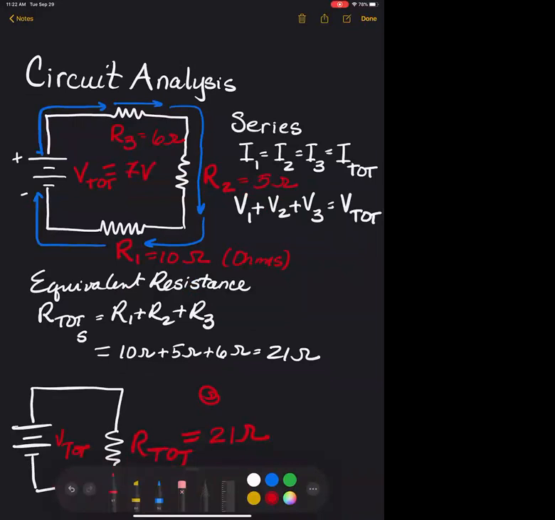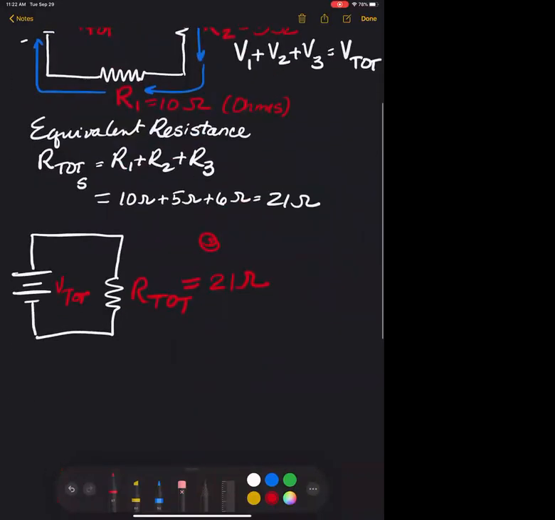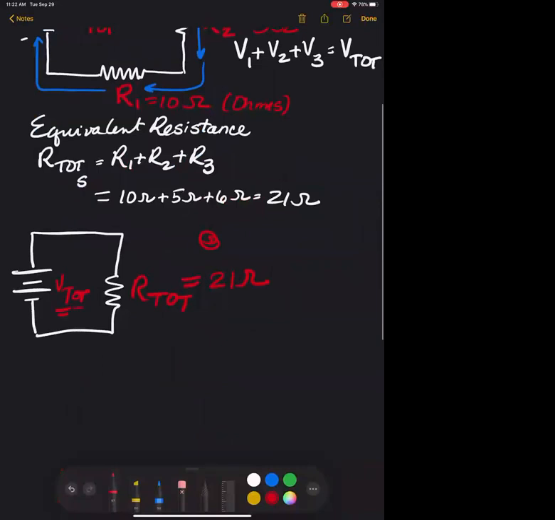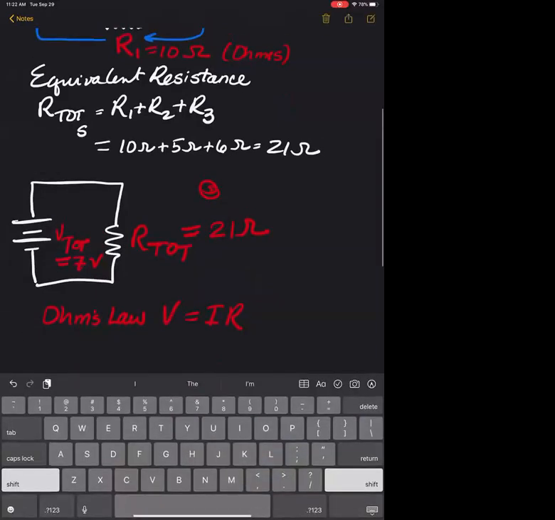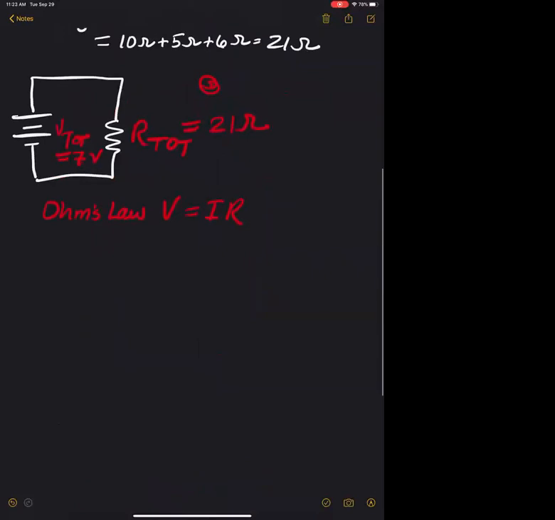Just making up some numbers. So that means down here this is still 7 volts. If I go back and remember Ohm's law, it says that V is equal to I times R. The nice thing about Ohm's law is it's true for the whole circuit or part of the circuit, however you want to do it. So if I wanted to find the total current, I total is V total over R total.